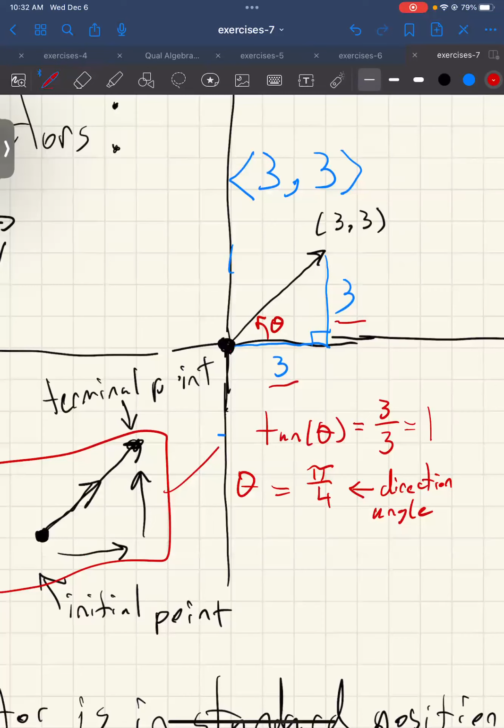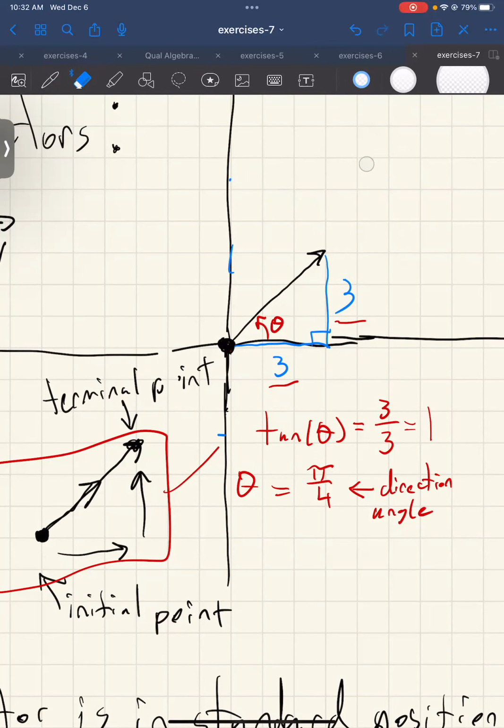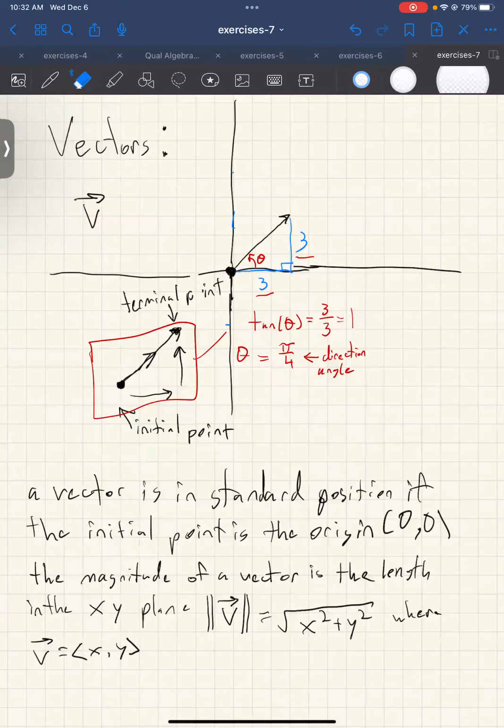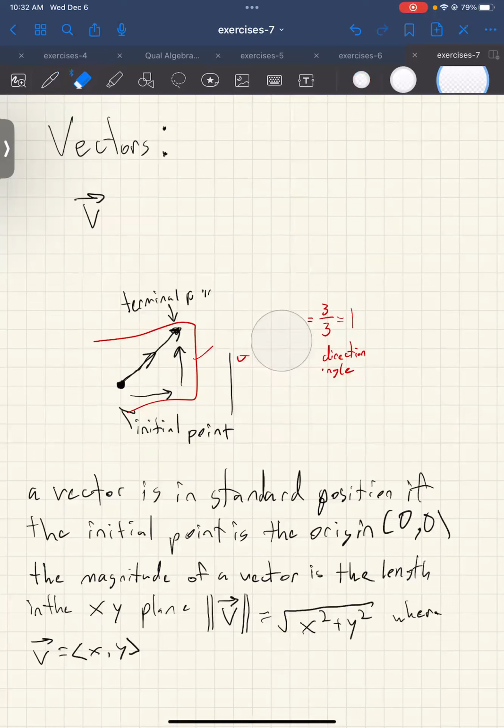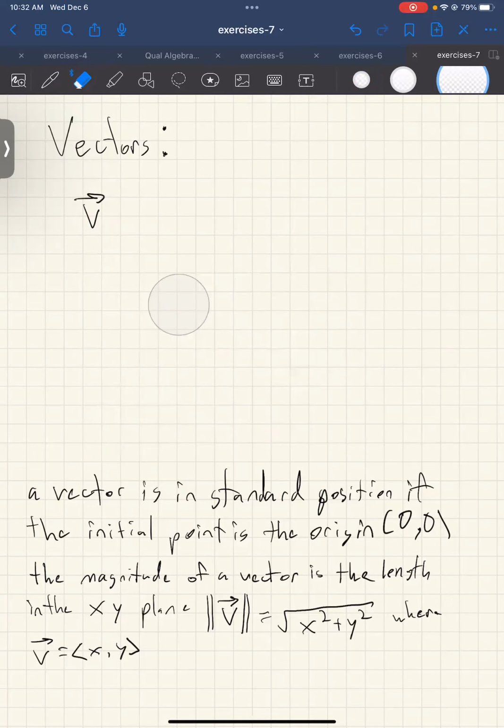Well, not all vectors turn out so nicely. In fact, let's start over with a different vector that makes this problem look a little bit worse. All right.